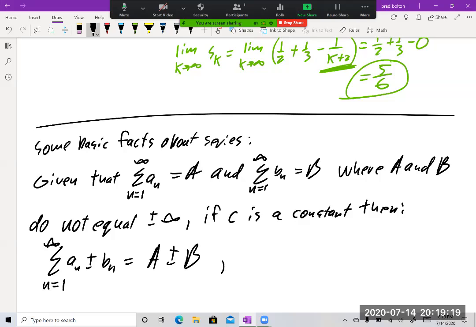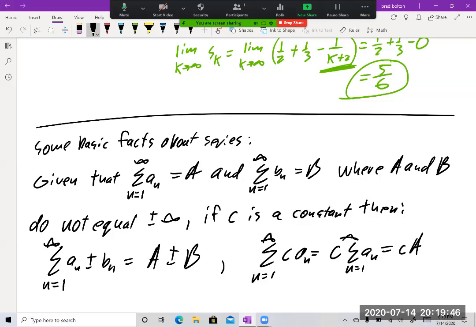We also have this fact: the series of C times A sub n is equal to C times the series of A sub n, which equals C times A. What this is basically telling you is that you can split these two series.